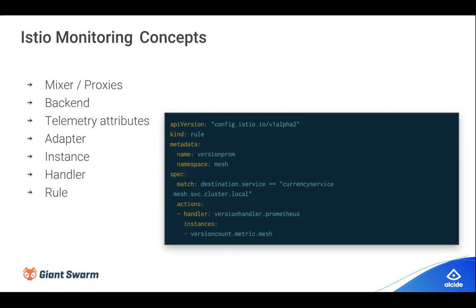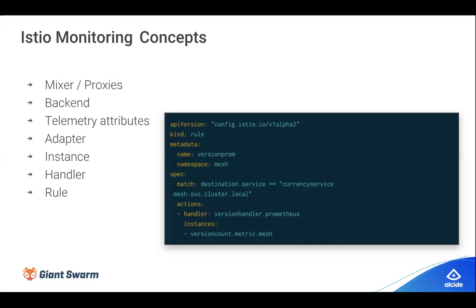And then we need something to tie the two before concepts together. And this is the rule. The rule, as we see, has in the spec a property called actions, and in the actions we see the handler, which is the handler that we had just defined before, and which instance this handler will be configured with.